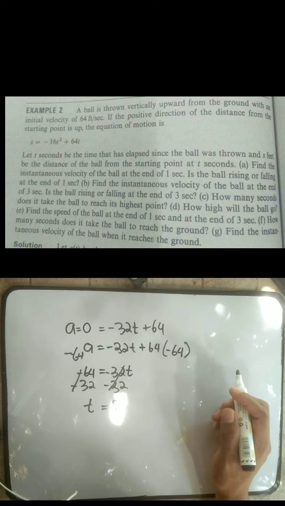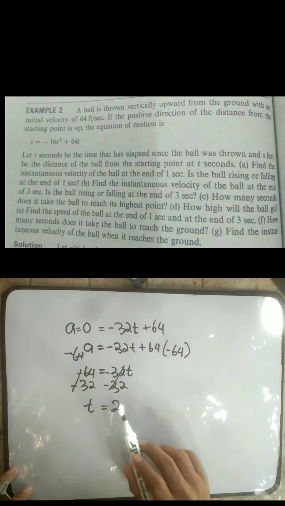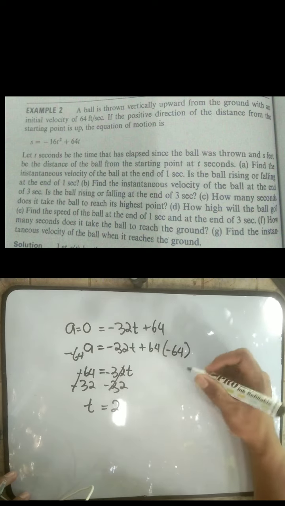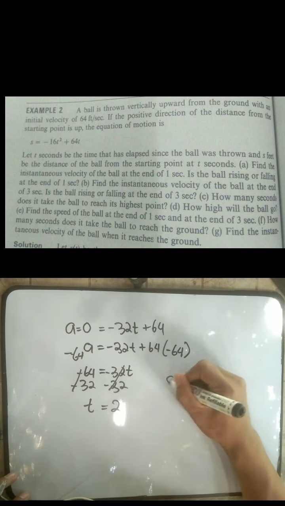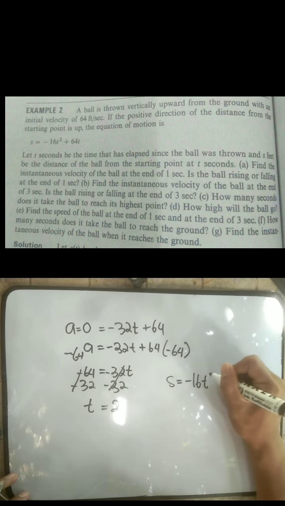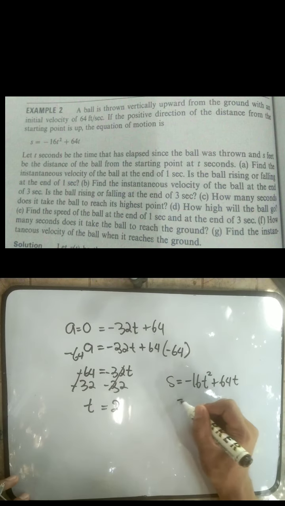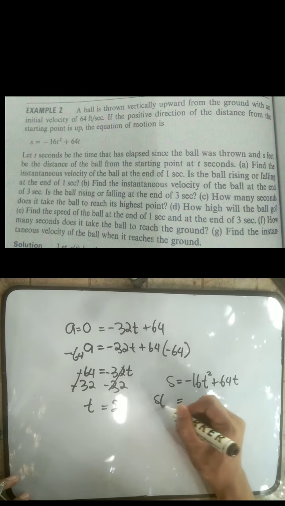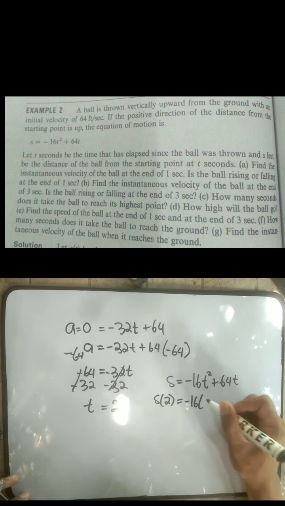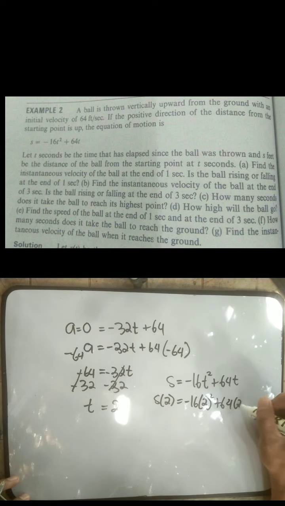And then the fourth question is, how high will the ball go? So we will use this 2 seconds to find how high the ball goes. We will use the equation s equals negative 16t squared plus 64t. Substitute t as 2: negative 16 times 2 squared plus 64 times 2.